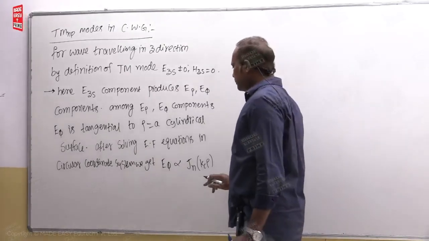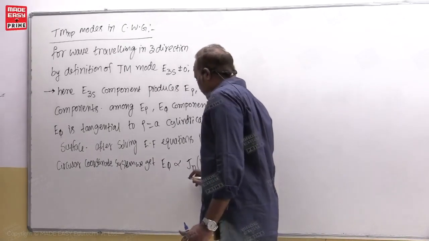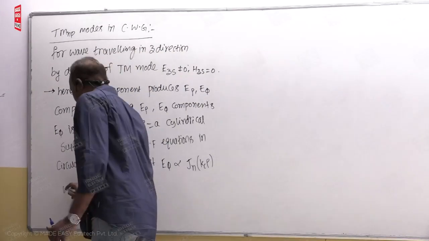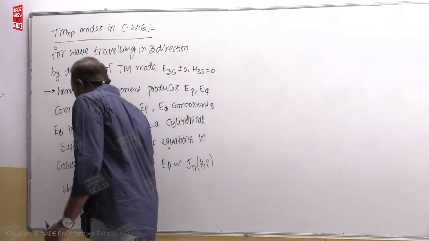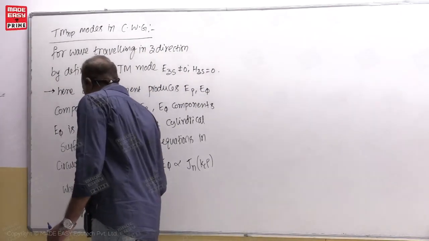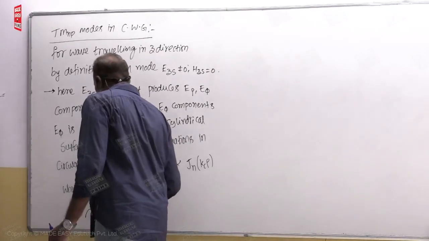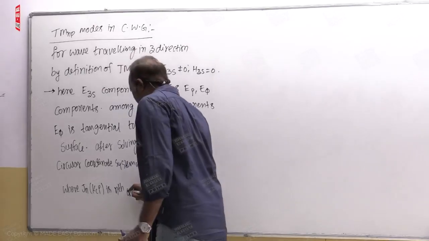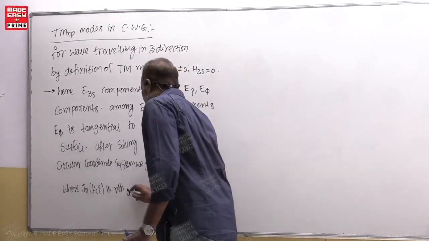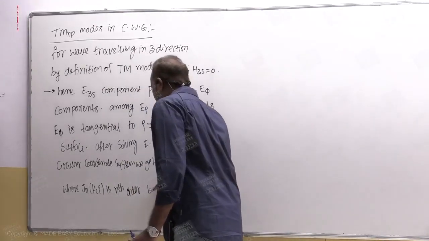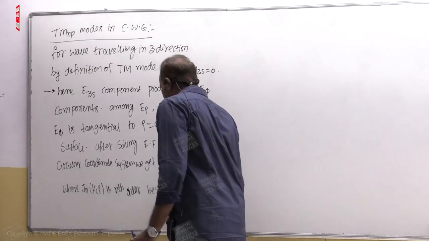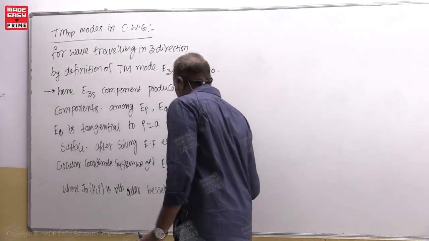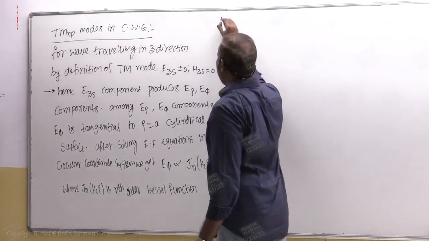Here Jn of Kc into rho is nth order Bessel function.